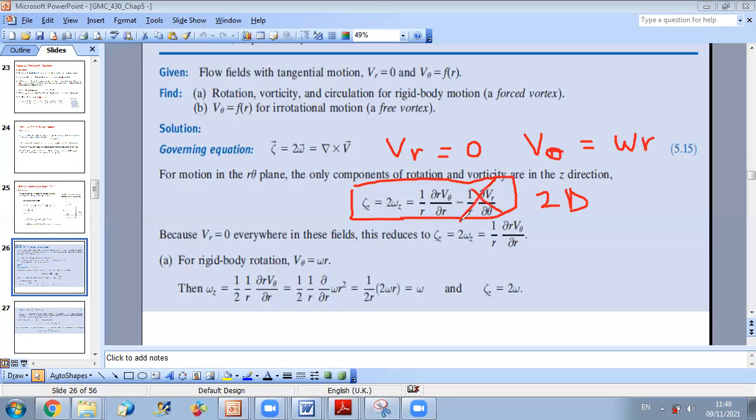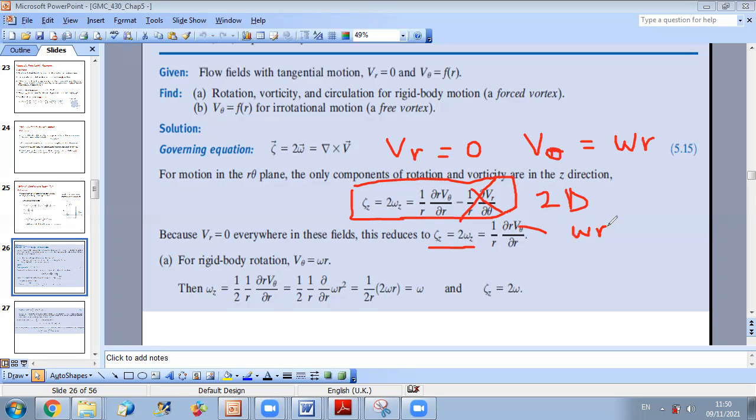So I deduce that for this case, the vorticity is reduced to a z component because it's a 2D flow, and it is equal to 2 omega_z equals 1 over r ∂(r V_theta)/∂r. Now I will replace V_theta by its expression, which is omega times r.